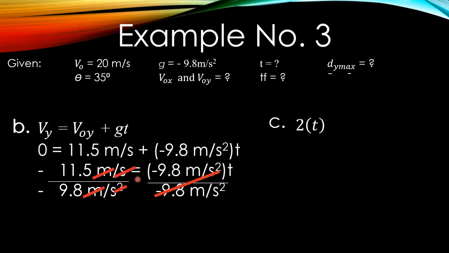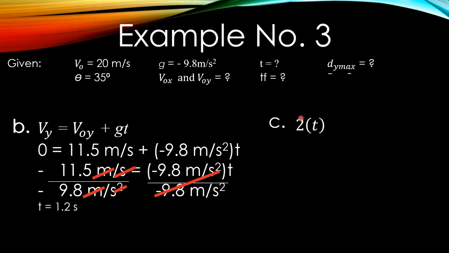Now cancel out the unit for the time in the numerator and the squared in the denominator. We have the remaining unit, second. Negative 11.5 divided by negative 9.8 seconds. We have the quotient, 1.2 seconds.